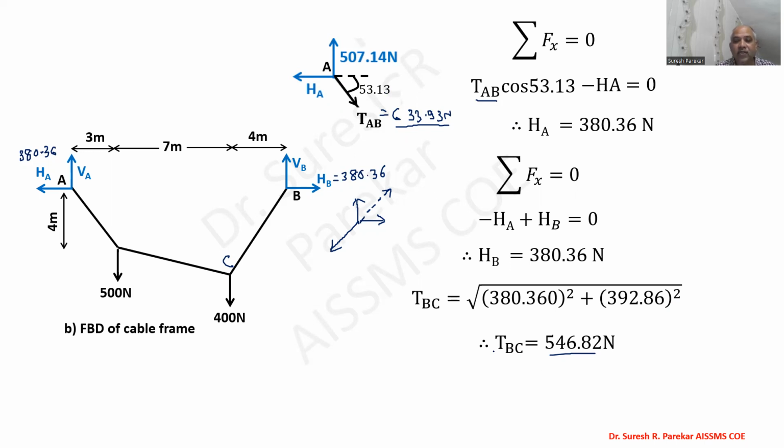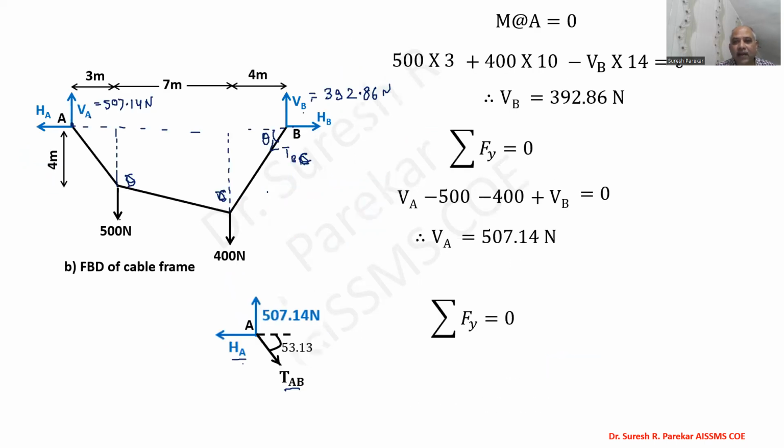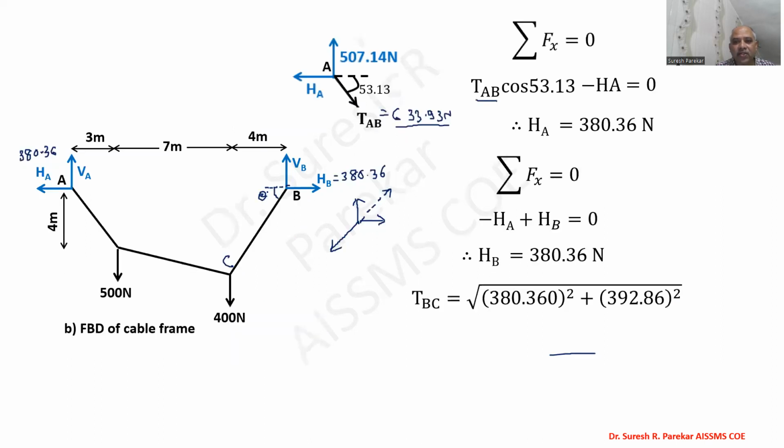Now you can see our value of TBC is 546.82, that means definitely this angle, if I call it theta, should be less than 53.13.